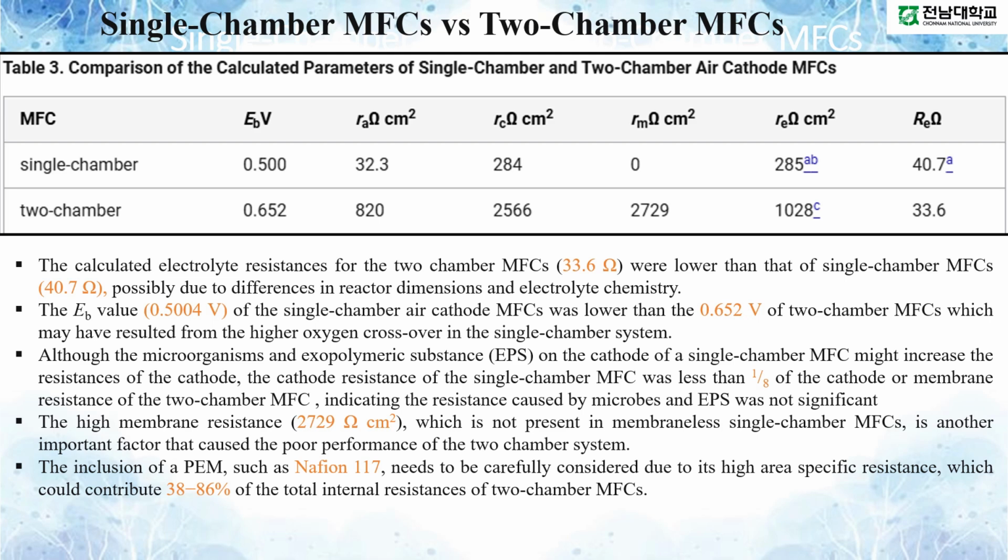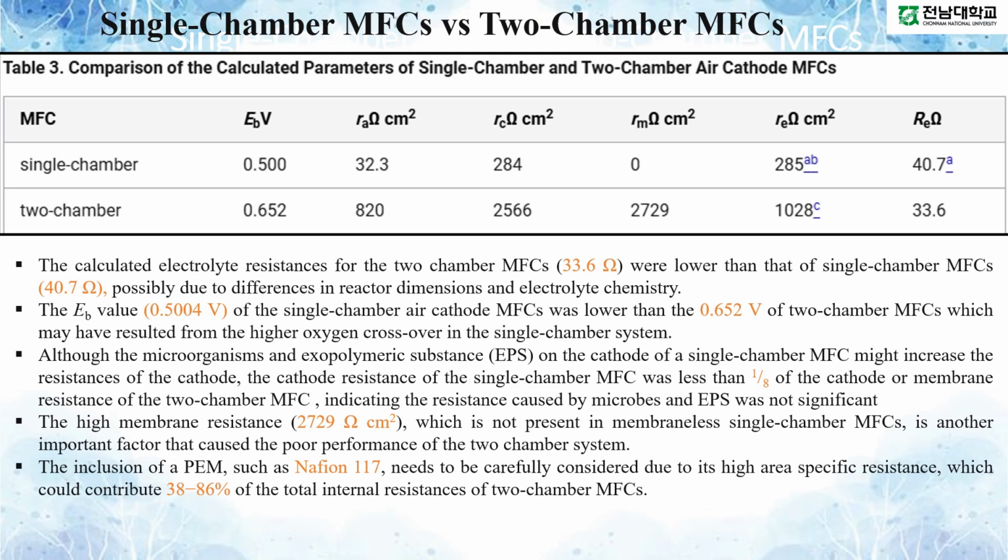The EB value, 0.5004 volt, of the single-chamber air cathode microbial fuel cells was lower than the 0.652 volt of two-chamber microbial fuel cells, which may have resulted from the higher oxygen crossover in the single-chamber system.